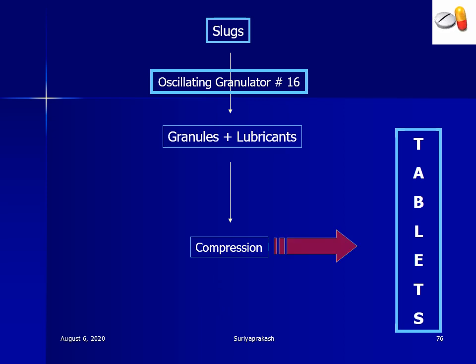The procedure is very short. Easily you can prepare the slugs and pass them through a granulator. It will break down very quickly, and the granules will pass through 16 mesh.